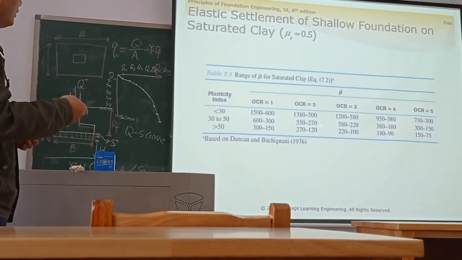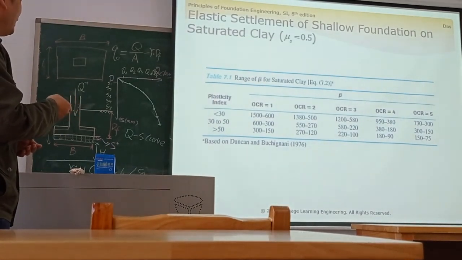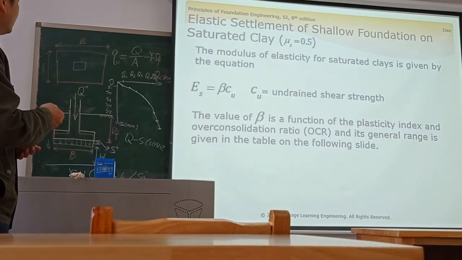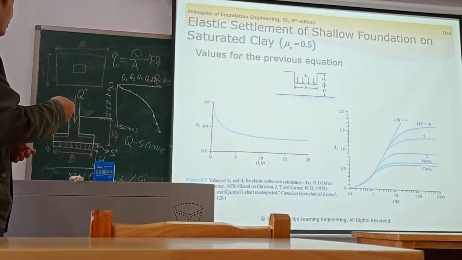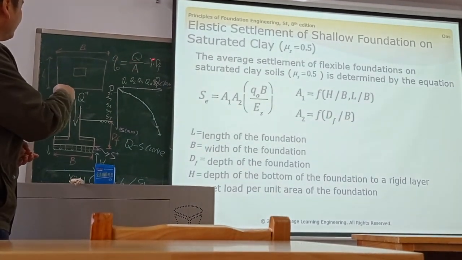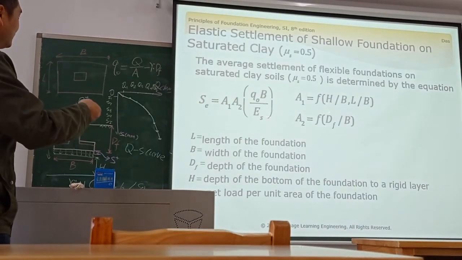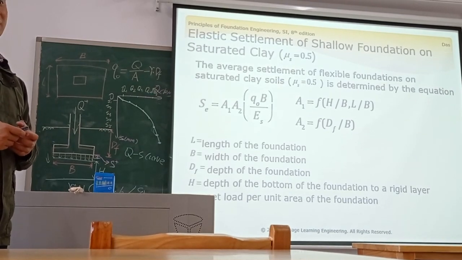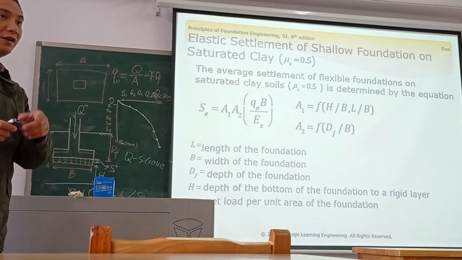So we can find beta from the table. Then we can use this equation to calculate the settlement. Okay? Have a rest, okay?